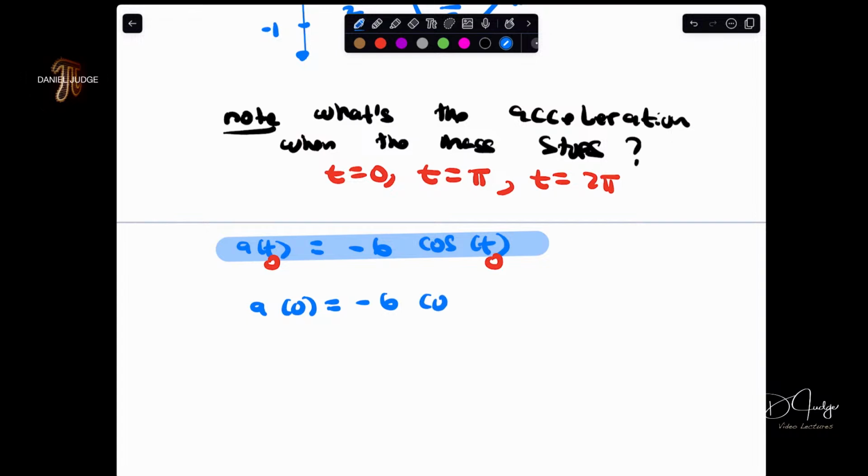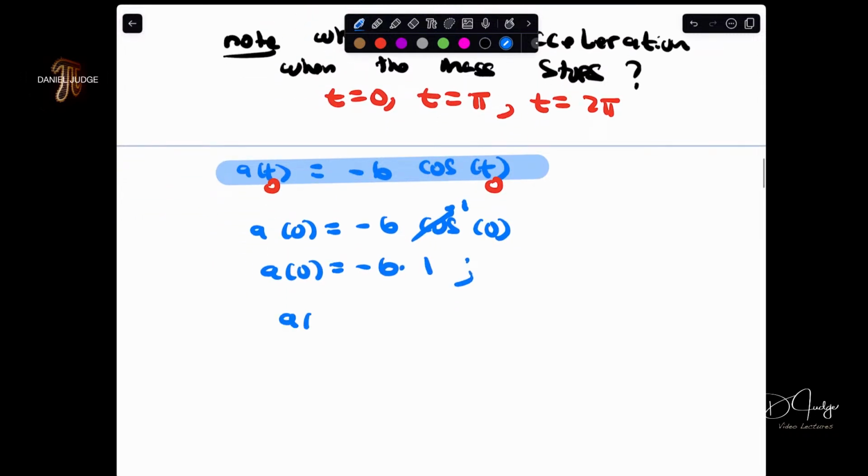So at 0, what is cosine of 0? That is 1. So your acceleration at 0 will be negative 6 times 1. Or we say your acceleration at 0 is simply negative 6 centimeters per second squared here. Now, why is this a popular question?